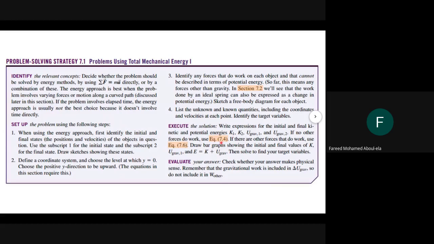Then execute the solution. Executing the solution is very easy, just using the formulas. And after that it is very important to evaluate your answer, meaning: is the result strange or appropriate? So this is a way that you check that you got it working.